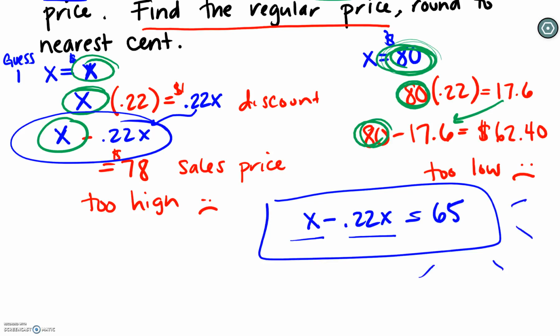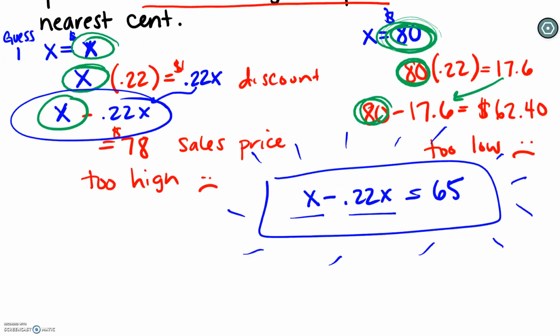Yay! It's not done, and there's still mistakes we can make. Like I said in class, a lot of students have trouble with this part, combining our like terms, but Christina was really good to give us, oh, there's a 1 out in front of here. And I can do 1 minus 0.22 in my calculator. I can find out that if I combine my like terms, this is 0.78x is equal to 65, taking me to the same step that all the shortcut people were at and giving me that final one step that I have to do to finish.